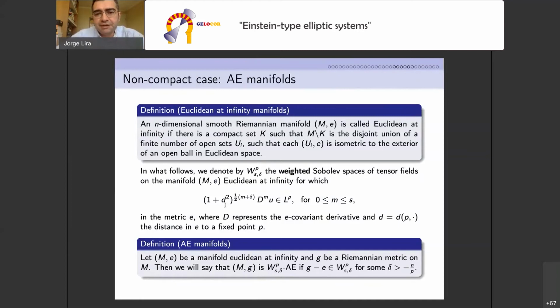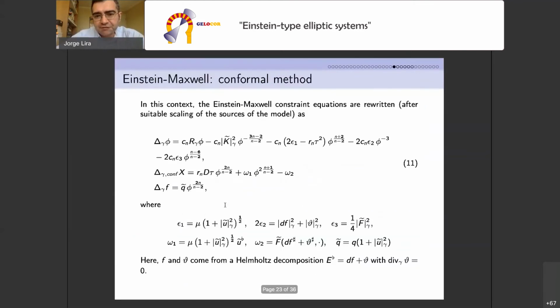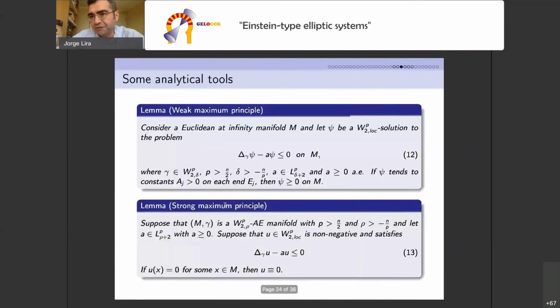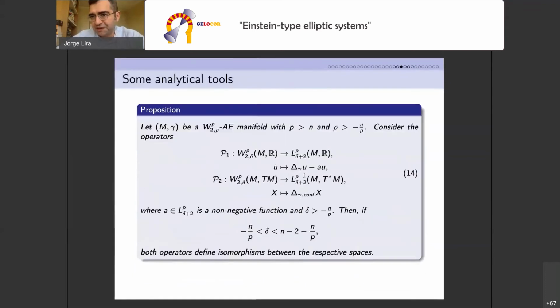Okay, so in terms of this operator, you start with, say, this u, which is some scalar function, and you have this modified operator, which corresponds to taking the scalar Laplacian, but shifting this operator by some negative potential. And you have the vectorial Laplacian that takes X and computes this conformal version of the Laplacian for the vector fields.